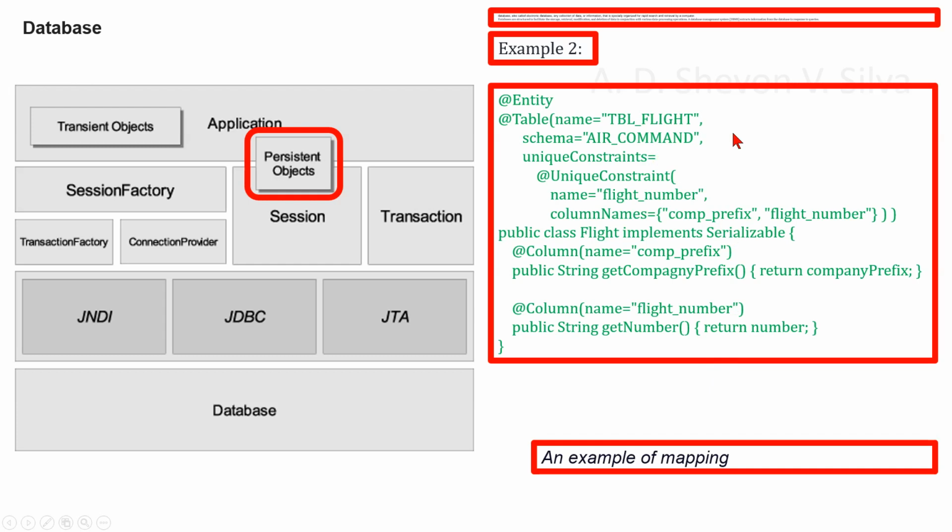A table lets you define the table the entity will be persisted into. If undefined, the table name is the unqualified class name of the entity. You can also optionally define the catalog, the schema, as well as unique constraints on the table.